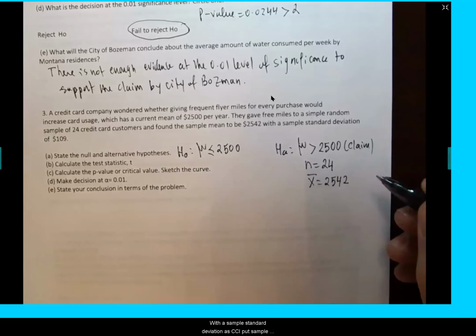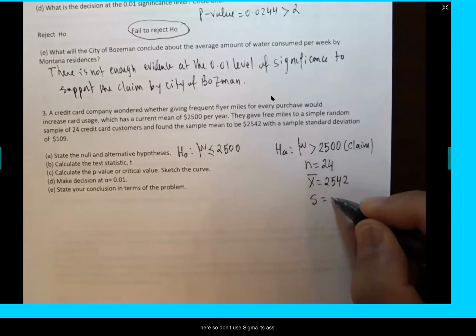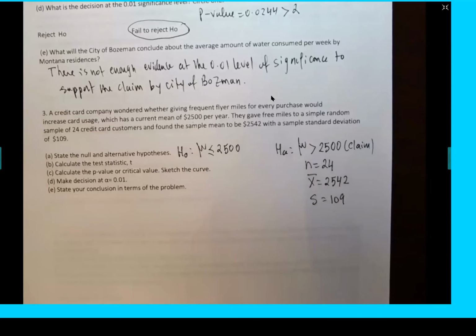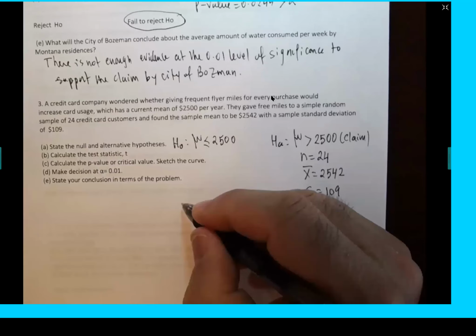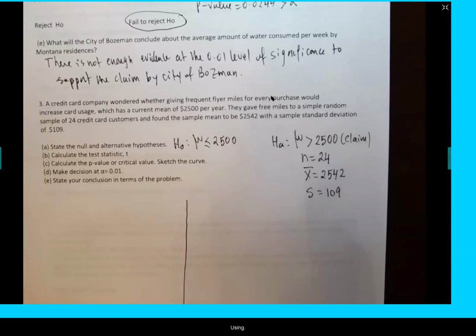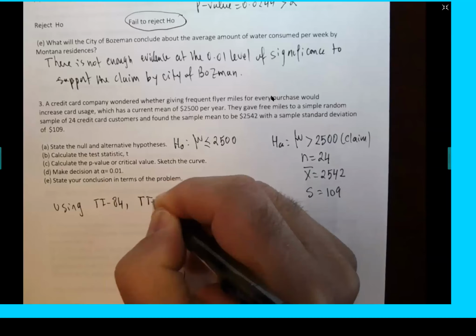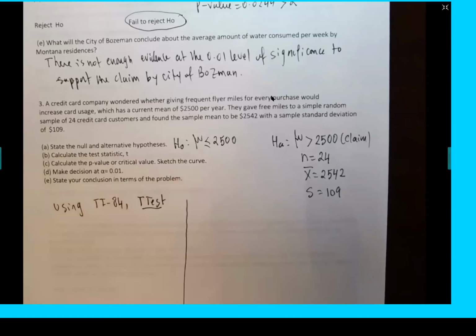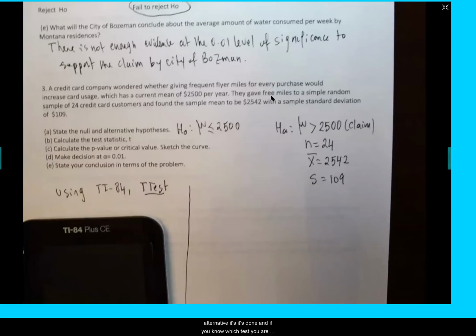With a sample standard deviation S. You see, I put sample here, so don't use sigma, it's S. Okay, let's do it with the p-value first, using the TI-84 and t-test. You see, guys, once you set up the null and the alternative, it's done. And if you know which test you are using, I doubt you'll make a mistake here.